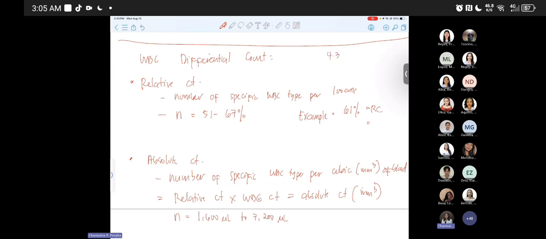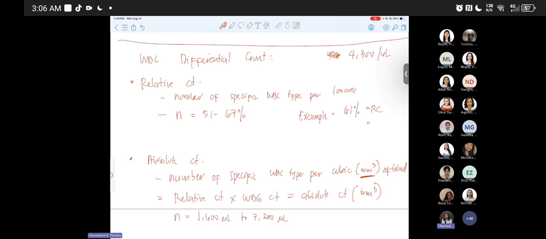Gamitin natin yung microliters kasi cubic millimeter yung sinasabi dito. So let's say 4,300 per cubic millimeter. I-apply natin relative count. So percent. 61% is 0.61 times, ano yung WBC count natin? 4,300.